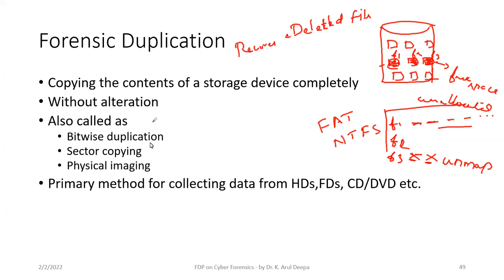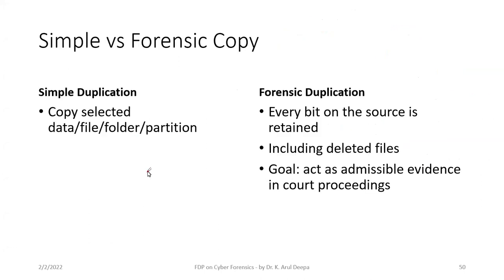The other names for forensic duplication are bitwise duplication, sector copying, and physical imaging. This is the difference between simple and forensic duplication. Simple duplication is just copying the selected data, a selected file, a selected folder, a selected partition. Only the data that has proper mapping with the file system will be visible and can be copied.